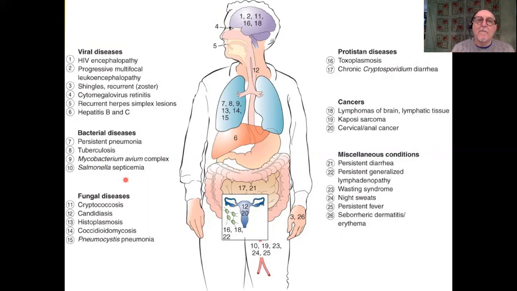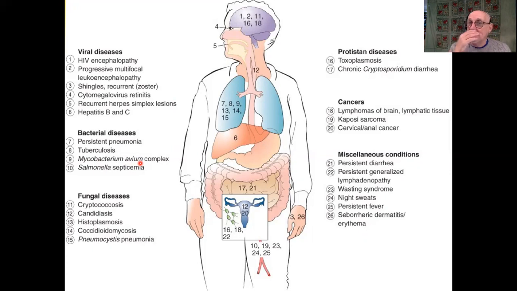They start to suffer from weird, strange bacterial diseases, which normally they would not suffer from. This, for example, Mycobacterium avium. This is a Mycobacterium. And Mycobacteria, don't forget, are the things like tuberculosis. Mycobacterium avium, its name tells you, is normally found in birds.